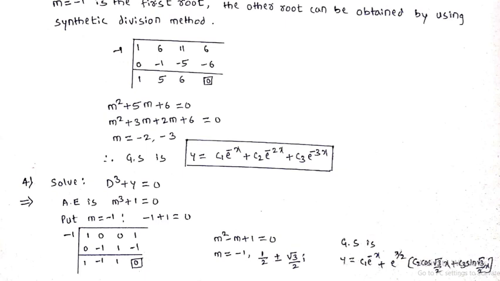So again you get a quadratic equation, and its roots are 1 by 2 plus or minus square root of 3 by 2 i. So the roots are again different, one is a real number, and the other two are complex roots. So its general solution is c1 e to the power -x plus e to the power x by 2, times c2 cos square root of 3 by 2 x plus c3 sin square root of 3 divided by 2 x.